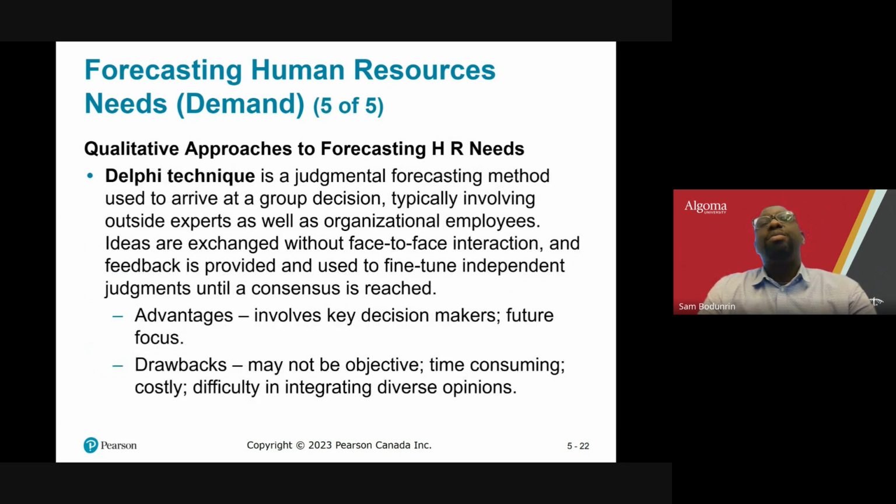So the second type of qualitative approach is the Delphi technique. In the Delphi technique, we have judgmental forecasting methods, which arrive from group decisions. Basically, we have subject matter experts that are bringing in questionnaires and surveys. So this comes in different phases. In the first phase, the person in charge looks at and screens out and streamlines the answers and gives them again, to get feedback.